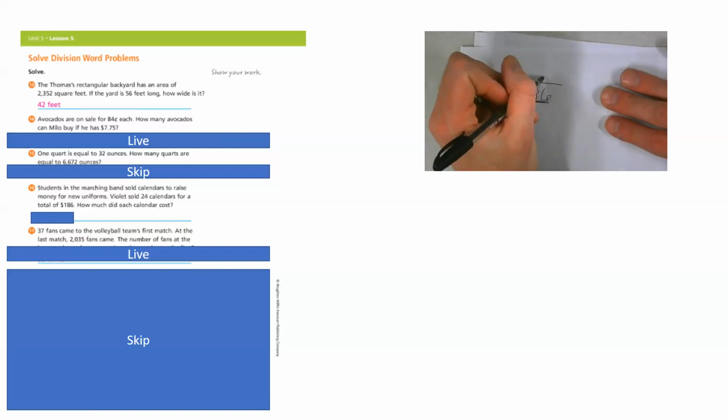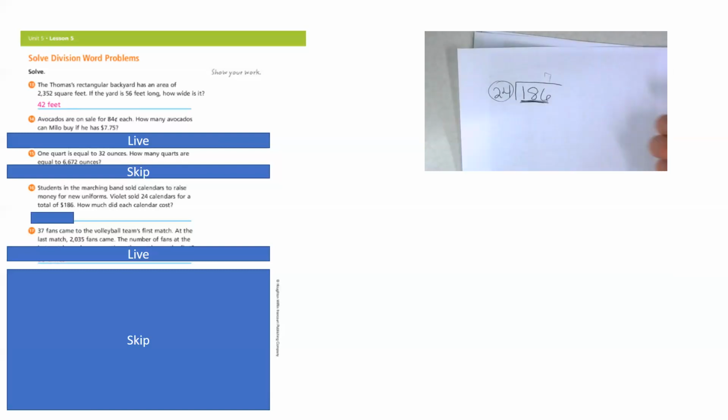So I'm going to count by 25s. 25, 50, 75, $1 or 100, 125, 150, 175. So 4, 5, 6, 7. My guess is 7. So I'm going to put a light 7 because 7 could be wrong.